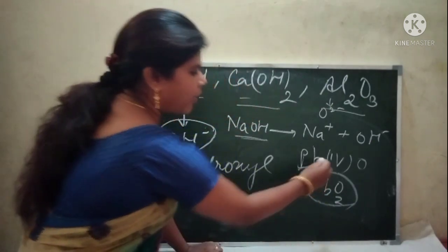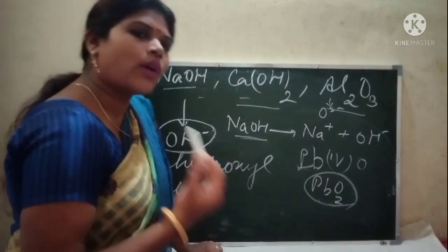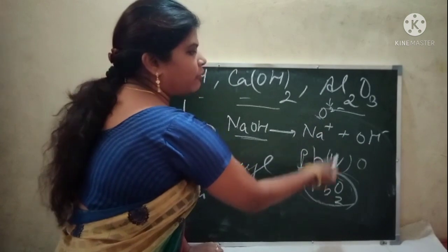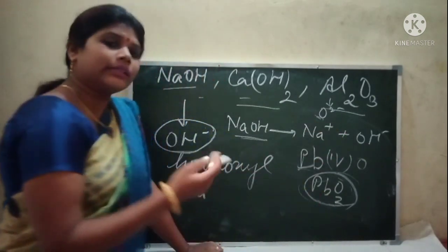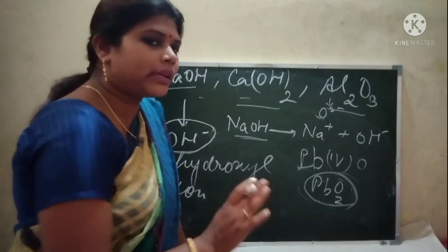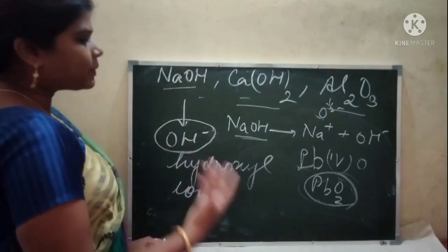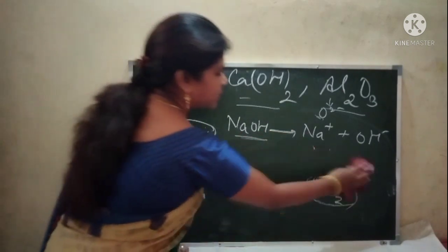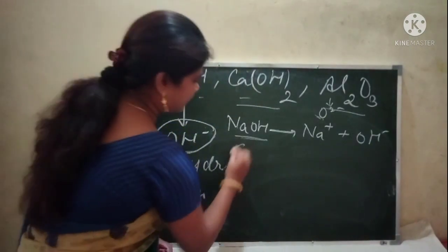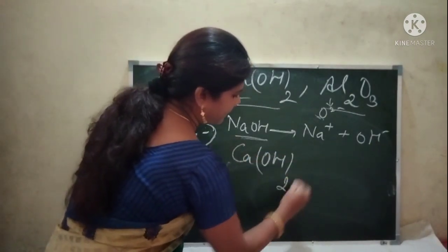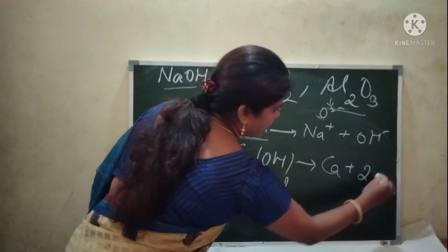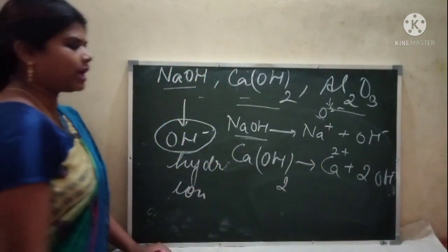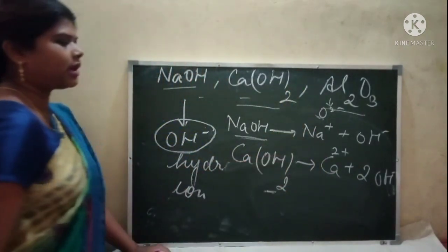Though on reacting with acid it will give salt and water, it is still not a base, because it is not fulfilling this criteria. So the substances which give hydroxyl ion, OH- ion, or oxide ions are bases.